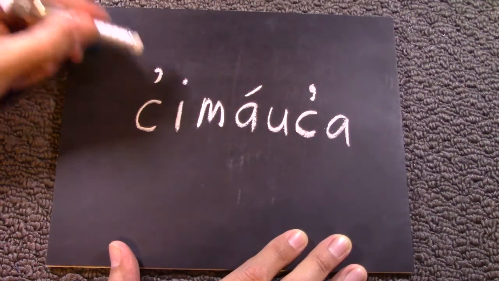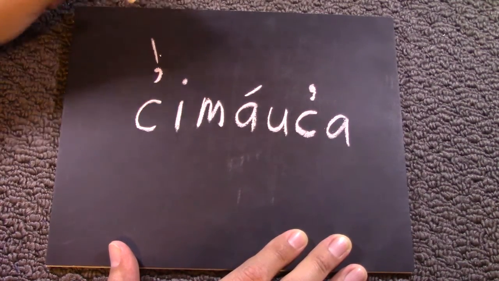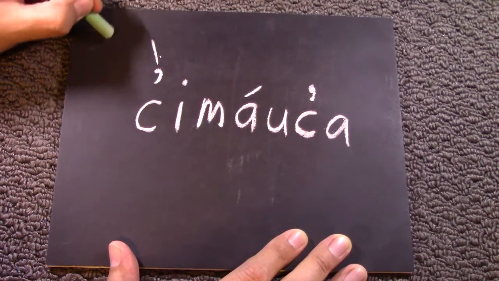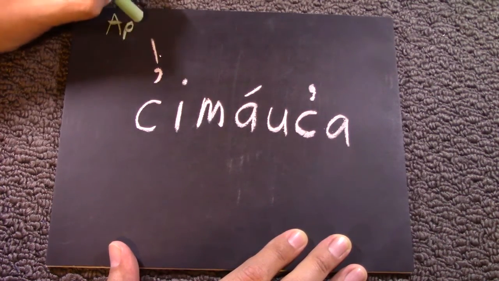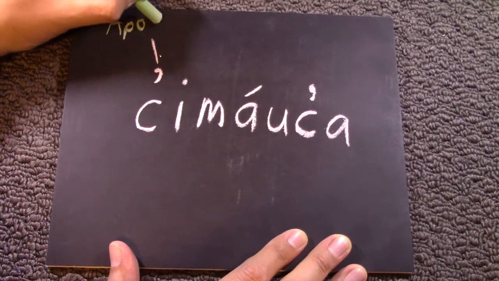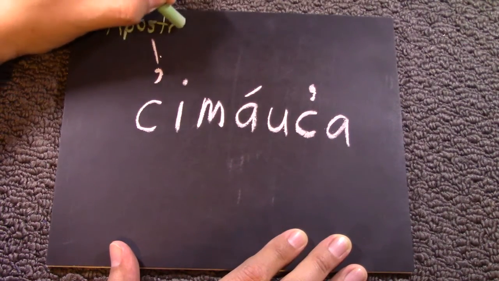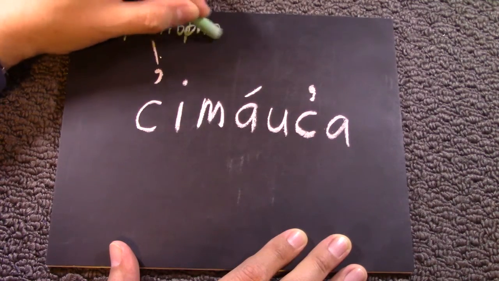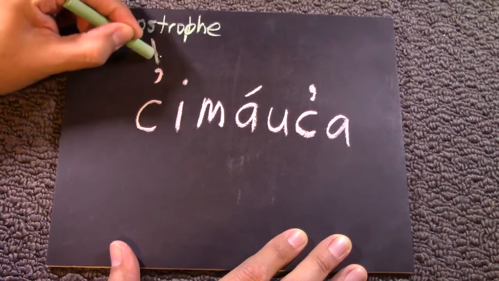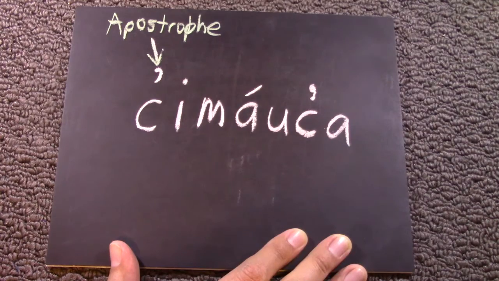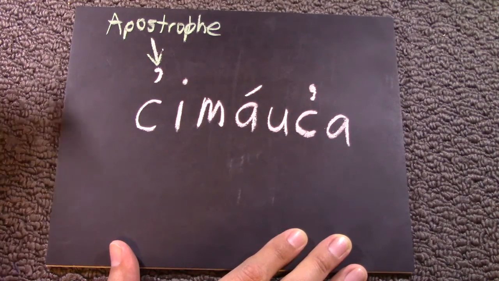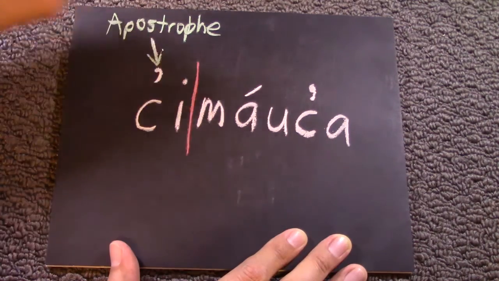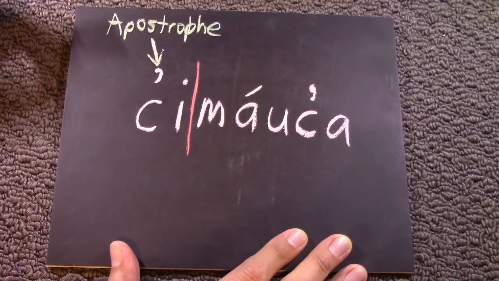So the C, this apostrophe, tells us that this is a glottalized C. And another thing that we're going to do is separate the word into different syllables.